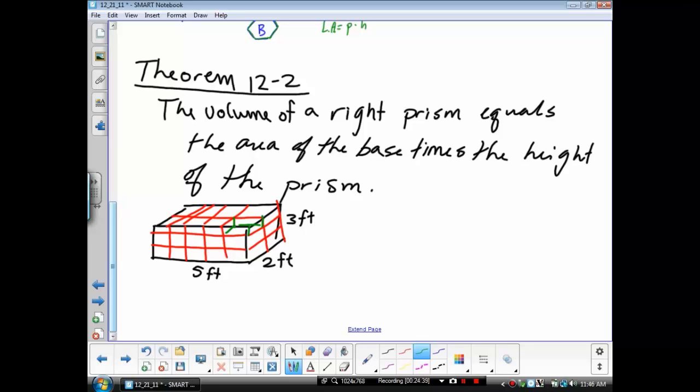Now the base itself is made up of how many little cubes? How did you find it? It is, because it's 2 this way, right? and 5 that way. So there are 10 cubes in the base itself.